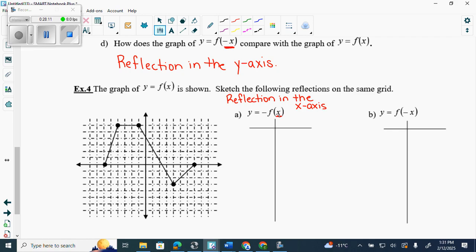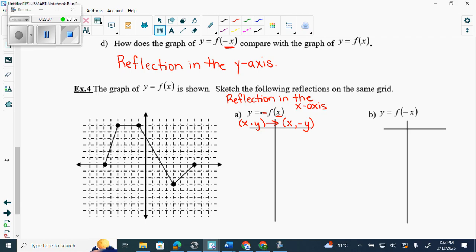It ain't negative. So my mapping is going to be x, y becomes x, negative y. You see how it's not affecting the x there, right? Do we agree? x, y becomes x, negative y because the y is negative here. And how do I know it's the y that's negative? It's not with the x.